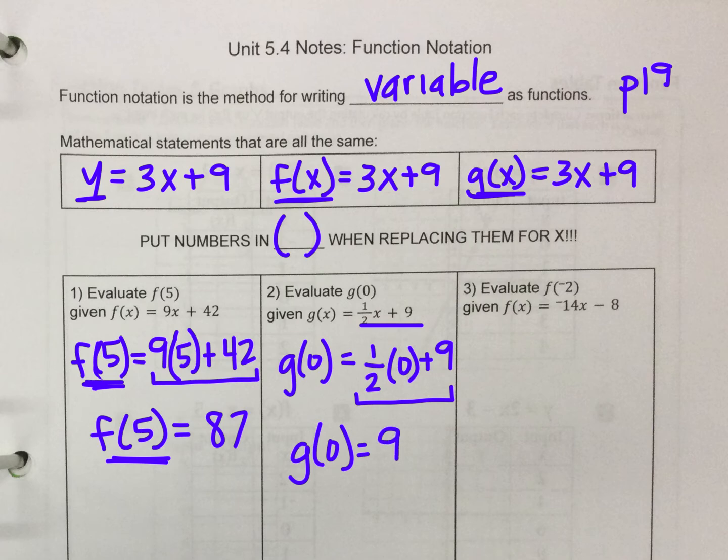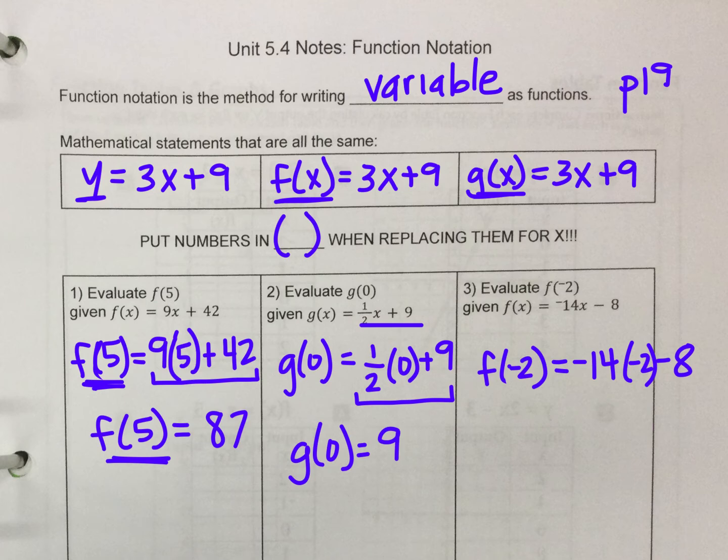Okay, so we're just plugging things in. So this one says, if my function of x is going to be in -2, so I have -14x minus 8. So instead of the x, I'm just going to put in that -2.